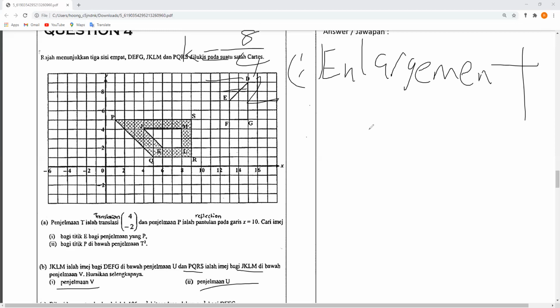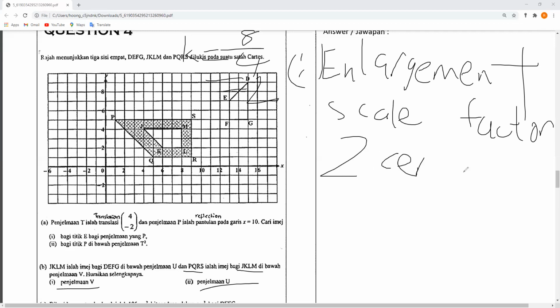So you get 2. So scale factor 2. So center 9, 1. Oh wait, oh yeah.